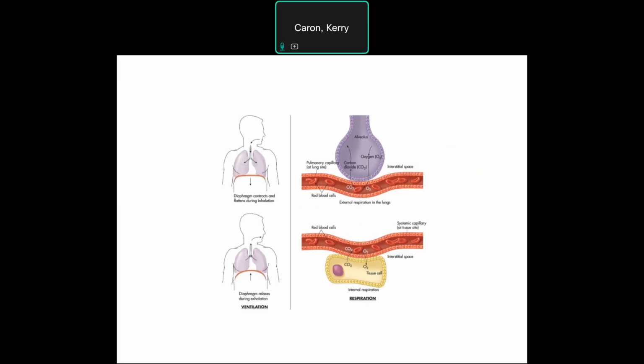So external respiration. External, remember that diaphragm flattens, it's contracting, air rushes in with oxygen in it. External respiration means a gas exchange from the respiratory system to the cardiovascular system, at the alveoli to the vessel. Then our internal or cellular respiration, both of these are cellular respiration, but our internal part is when that circulating blood gas exchange happens between the vessel and the cells.